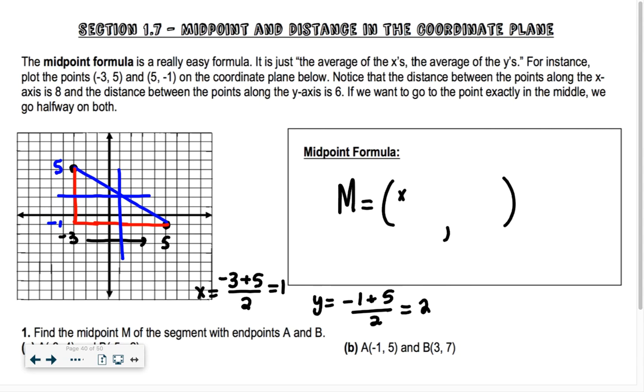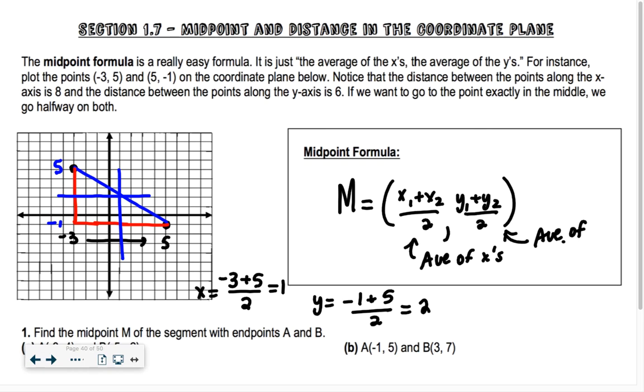So how do I find the average of two numbers? What do I do to them? I add them together, and then I divide by 2, right? So I'm going to write x1 plus x2 divided by 2, and y1 plus y2 divided by 2. So average of x's, average of y's. That's the formula.